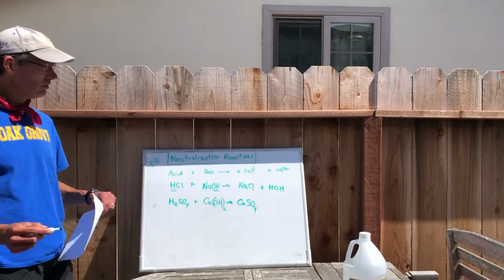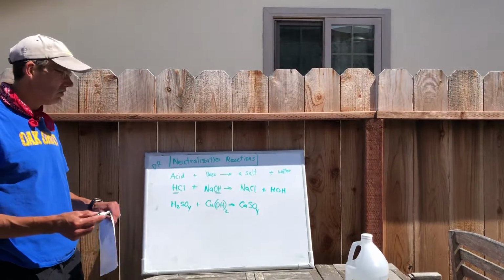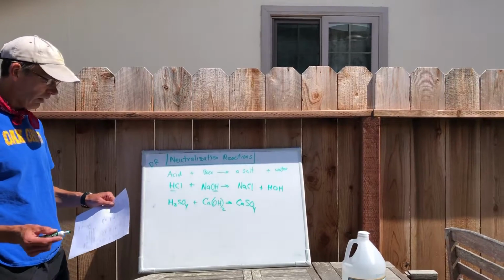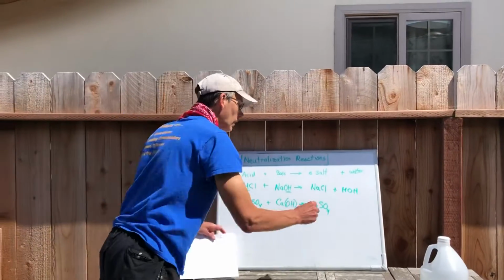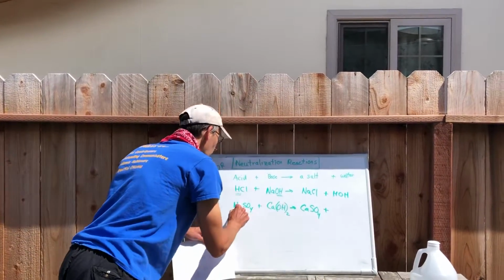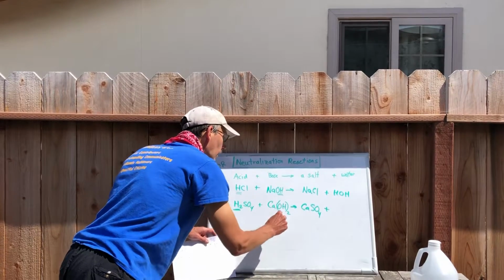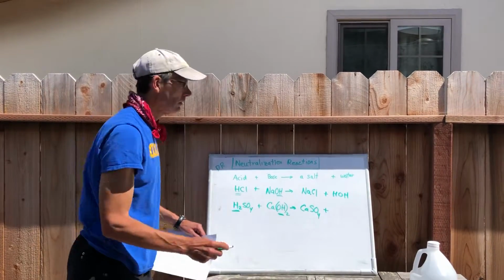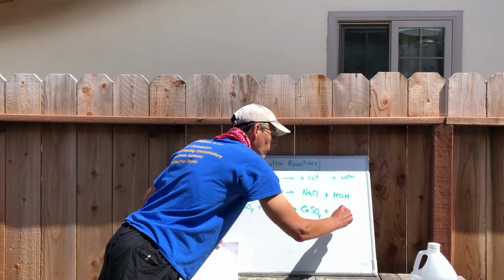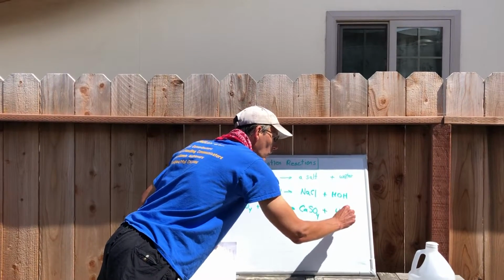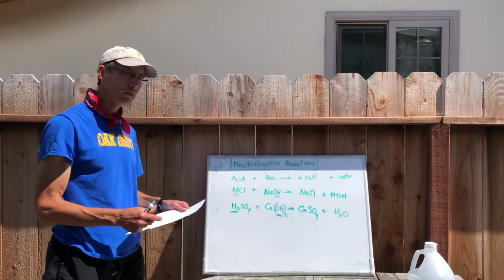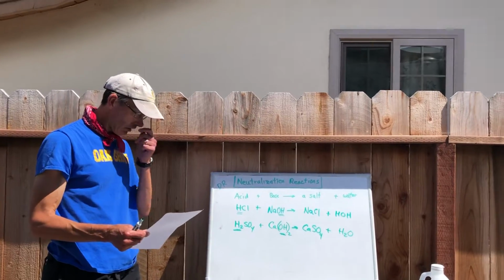Calcium's a 2+, sulfate is a 2-, so it's just CaSO4, calcium sulfate. And you get the hydrogen combining with the hydroxide, and you get water. So that would be two examples of a neutralization reaction.